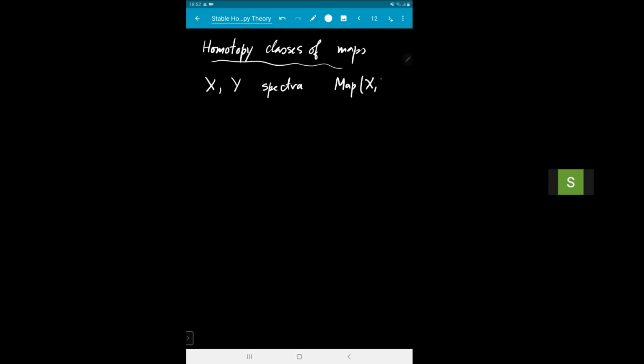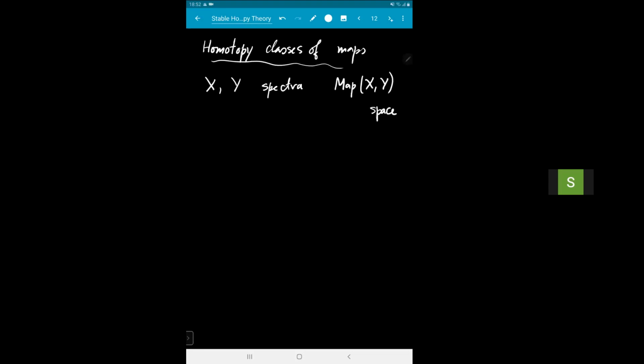Next thing is homotopy classes of maps. Remember, we have already defined a space of maps. If X, Y are spectra, we have defined a mapping space, maps from X to Y. This is a space.